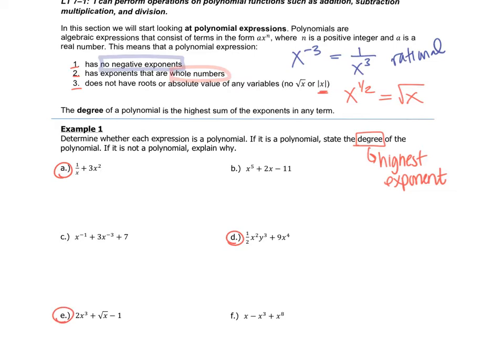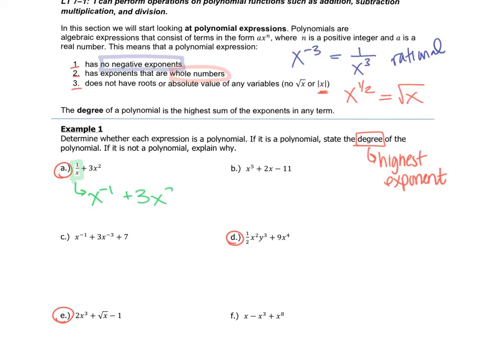So the first one, is this a polynomial function? So we'll go through our 3 things really quick. Does it have any negative exponents? Nope, looks like we're good. The exponents are whole numbers. It looks like it is. And does it have roots or absolute values? It doesn't. Here's the only thing. I said yes to the fact that it has no negative exponents. It doesn't, technically, when I look at it. But when I look at this first term, 1 over x, that really means x to the negative first.